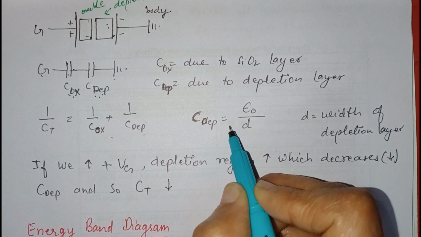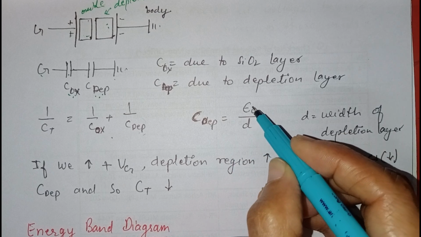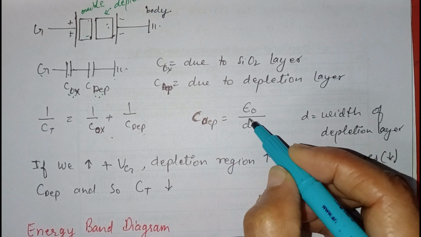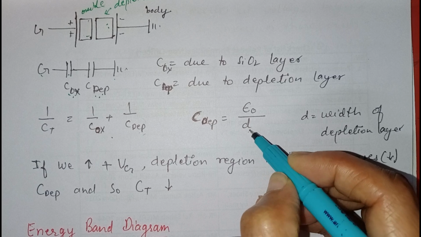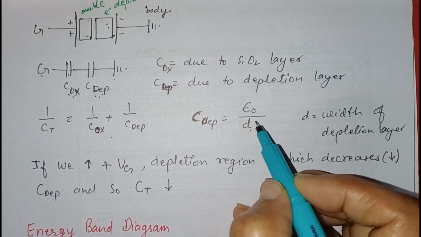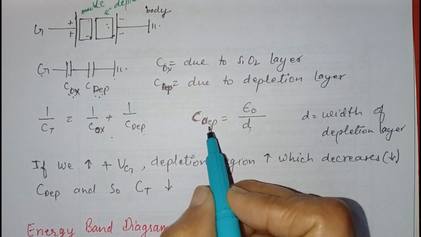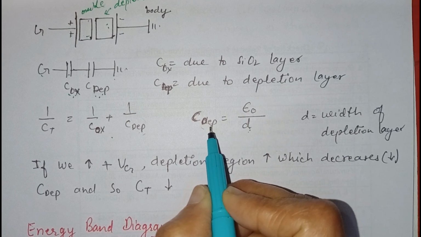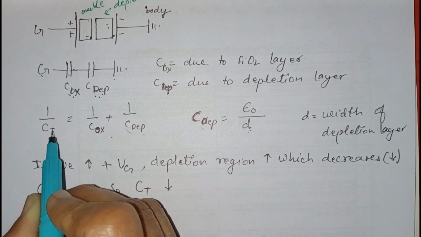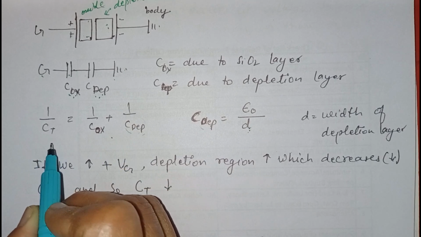As the depletion capacitance can be found out by the general formula epsilon naught upon D. This D is the width of the depletion layer, means W. If we increase this D, means width of the depletion layer increases, so the capacitance will decrease. If this capacitance decreases, the total capacitance also decreases.